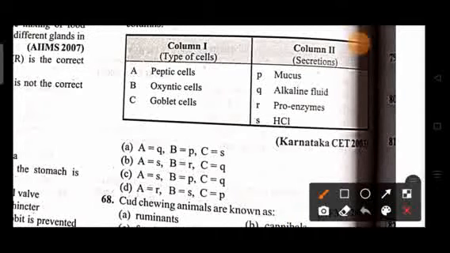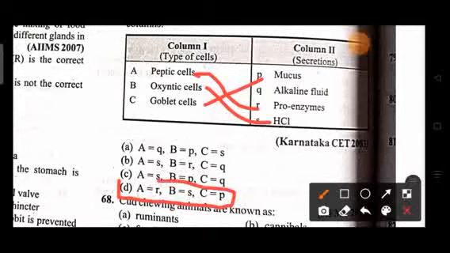So when you try to match, oxyntic cells with HCl, goblet cells with mucus, and peptic cells with enzymes, the most appropriate option is A is equal to R, B is equal to S, C is equal to P. So the D option is the right option.